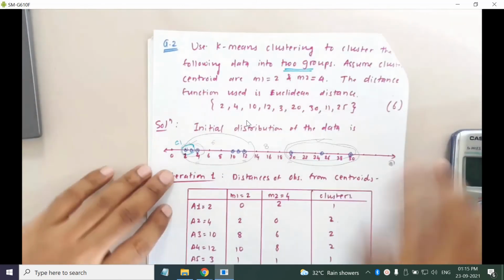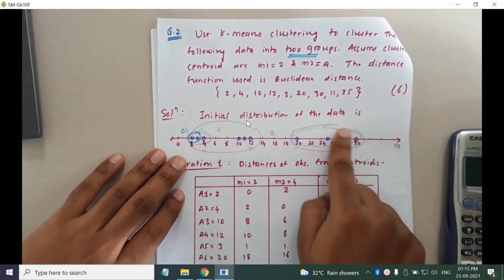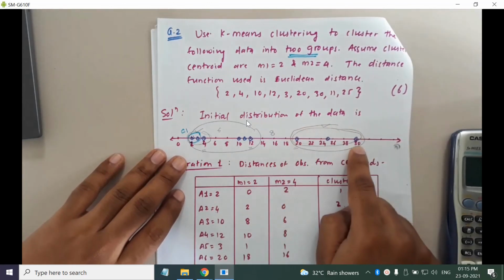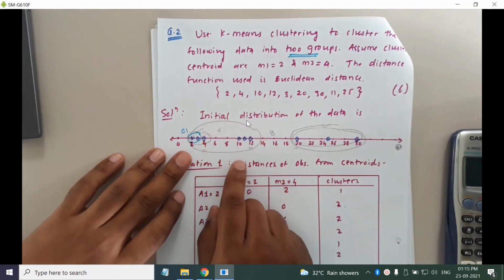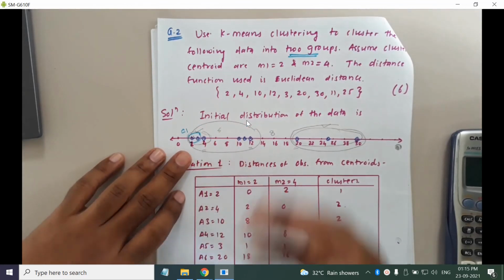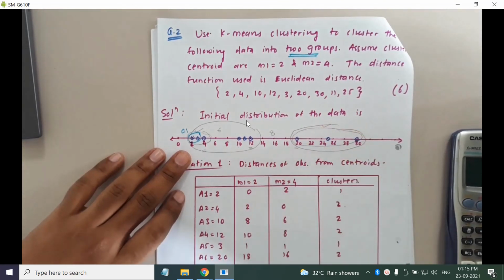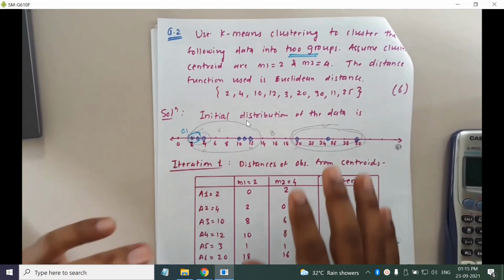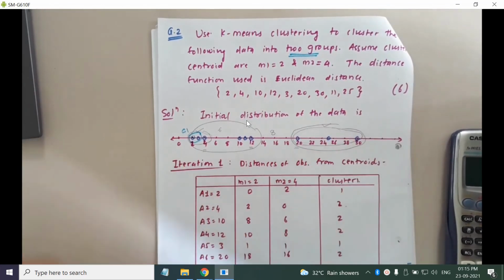If you see the plot, it was quite clear from the beginning that these 3 points should belong to one cluster and the other points to another cluster. So at the beginning itself you know the answer, but you have to prove it mathematically. If you don't get that distribution, that means you have made some mistake in the calculation. So just cross check your answer and you will get the expected result.